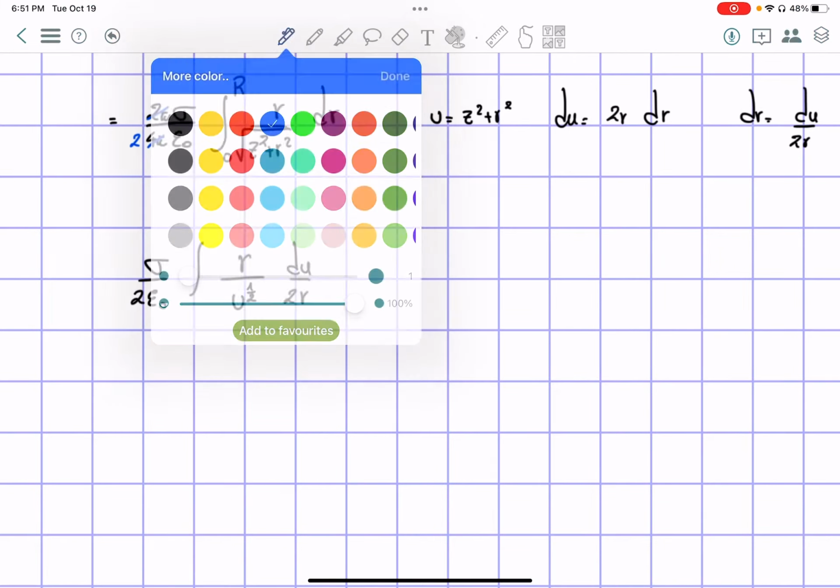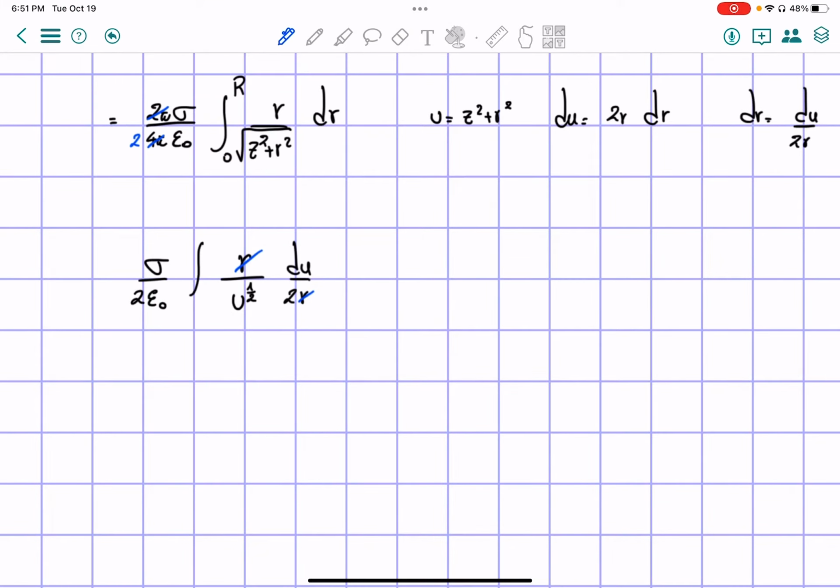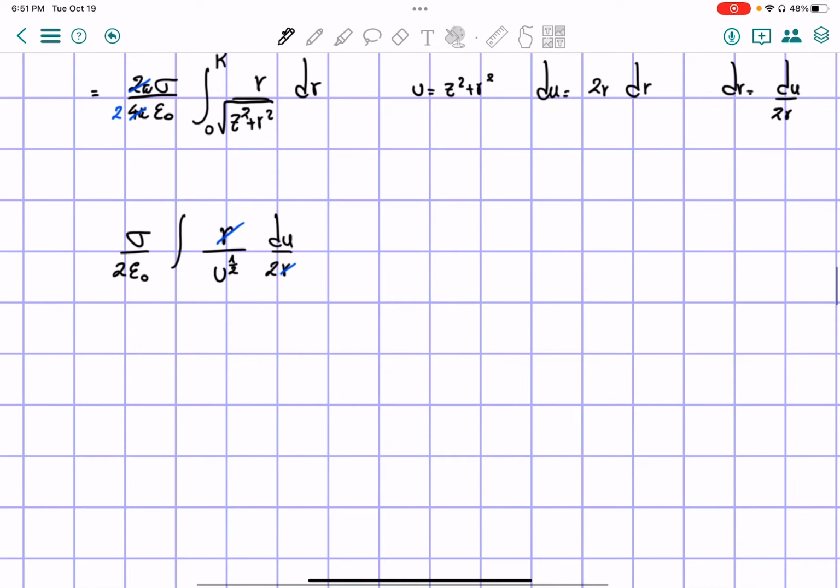Now, as you can see, we can cancel the r's, and we can say that it's going to be equal to, taking out the 2, omega over 4 epsilon naught times the integral of u to the power of negative 1/2 du. So let's integrate this.